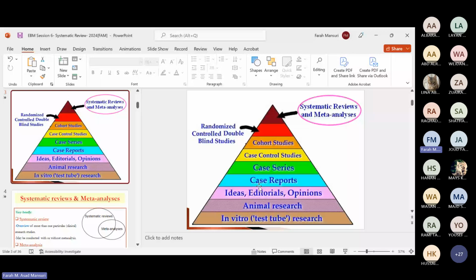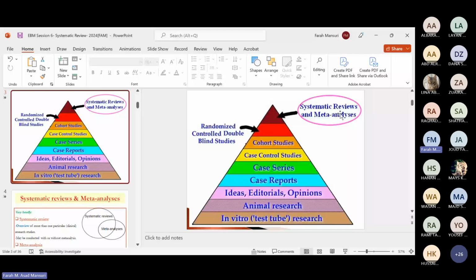is the pyramid which shows which are the most important or the highest evidence of clinical research, and which study articles it comes from. So we can see that the topmost evidence is of the systematic reviews with meta-analyses.